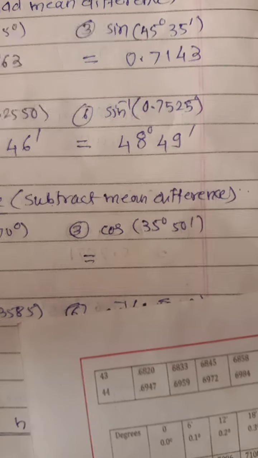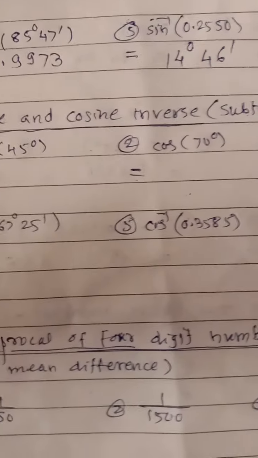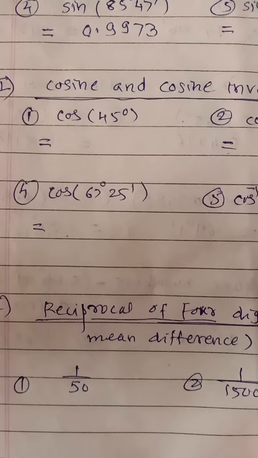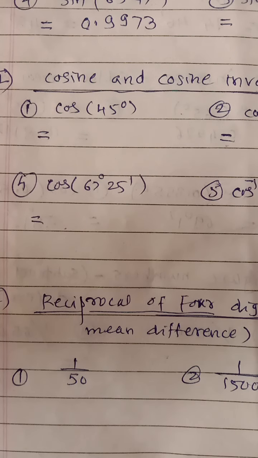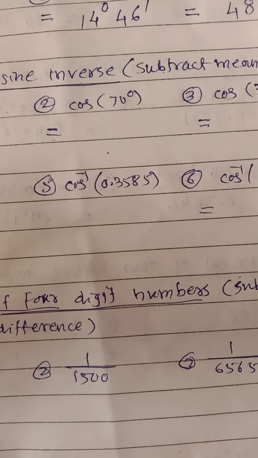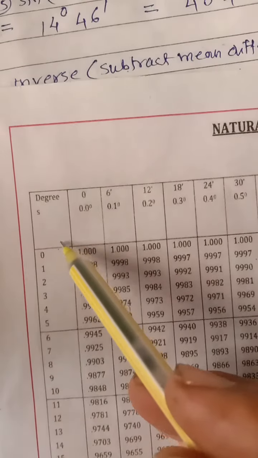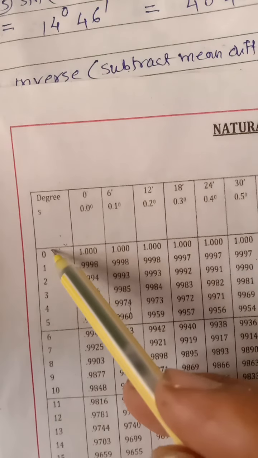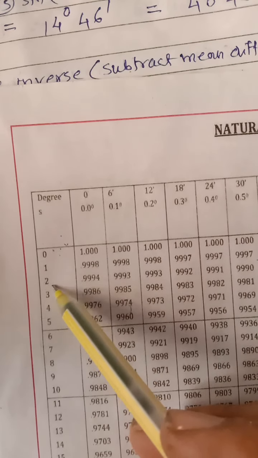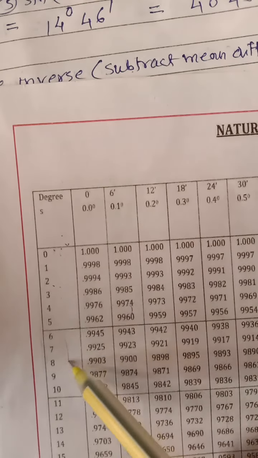So in this way we can find sine of the given angle as well as sine inverse of any given number. Then second will be cosine and cosine inverse. But in the case of cosine and cosine inverse, the table will be the same. In the first column the angles will be given in degrees starting from 0 and ending at 89 degrees, serially.